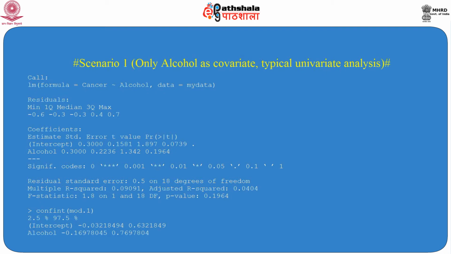Here the residual standard error is found to be 0.5 with 18 degrees of freedom. The fitting nature of this analysis can be judged by multiple R square. It shows that multiple R square value is 0.09. It varies from 0 to 1, and if the R square value is near 1, then we can say the model is suitably fitted.